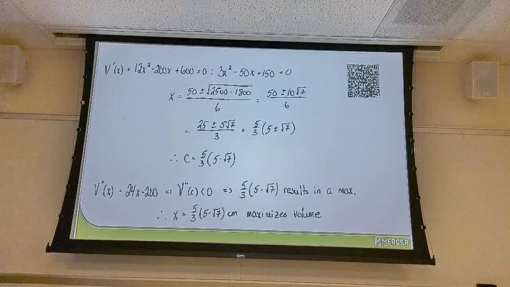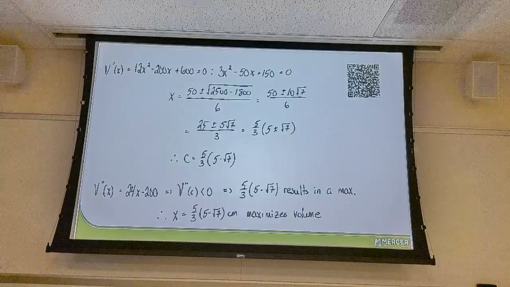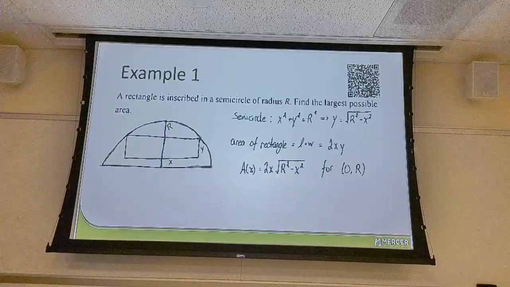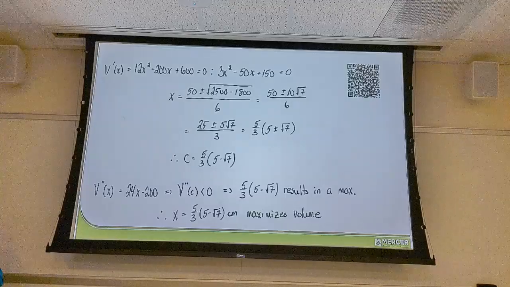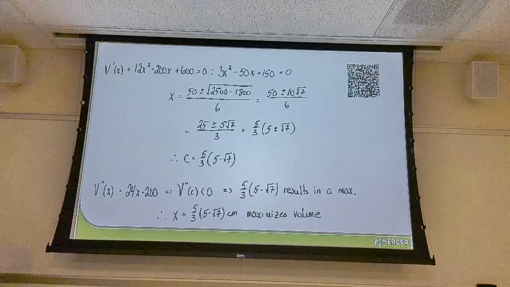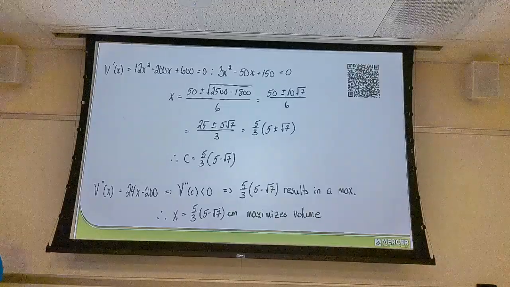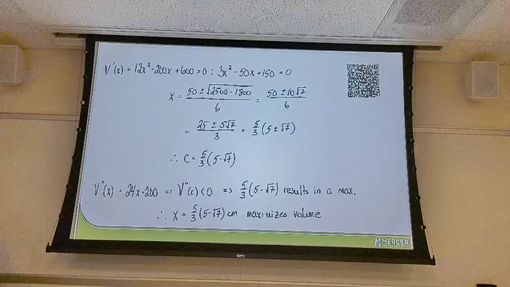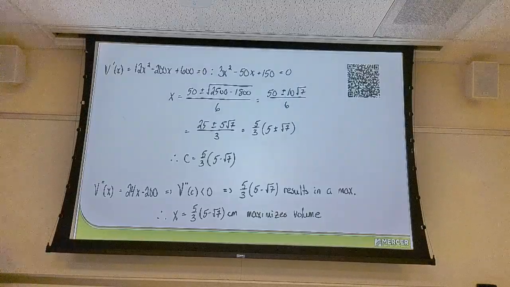I think I may have forgotten units. No, I didn't. No units for that one. So you're going to have to read the problem, right? Make sure you actually answer what it's asking. First one wanted the maximum area. This one didn't want maximum volume, it just wanted the value of x.